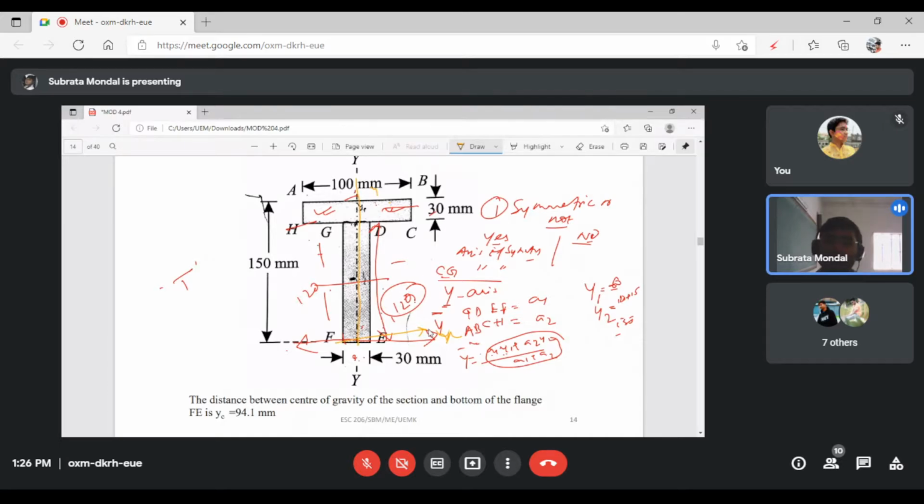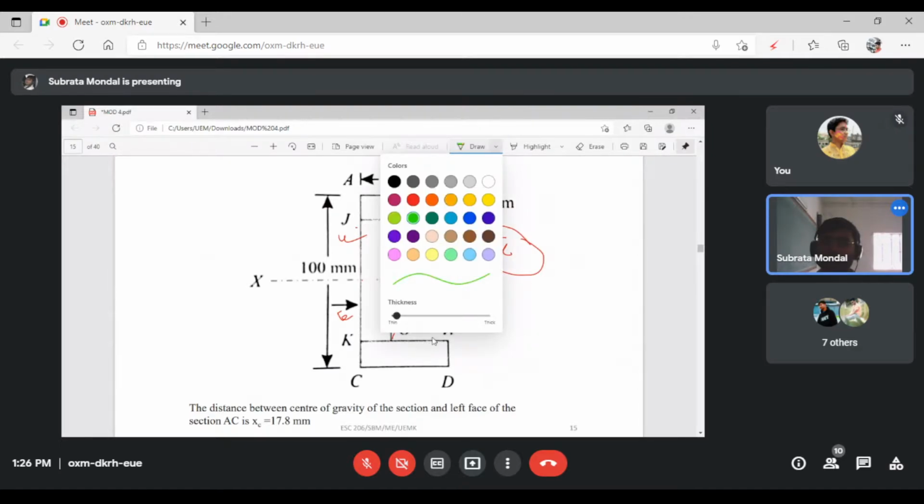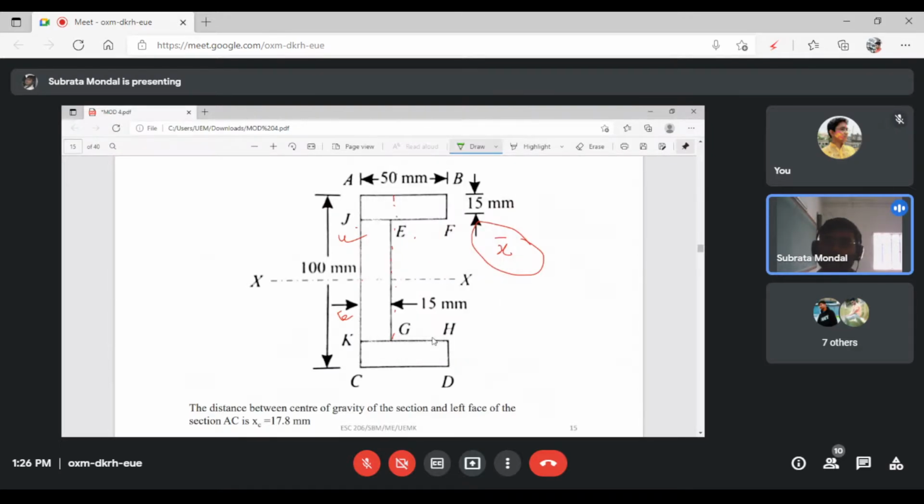But in this case, the reference axis will be this way the x and this way the y. So you can understand the upper portion will be positive, lower portion will be negative. Simple. So from this particular point we are considering.